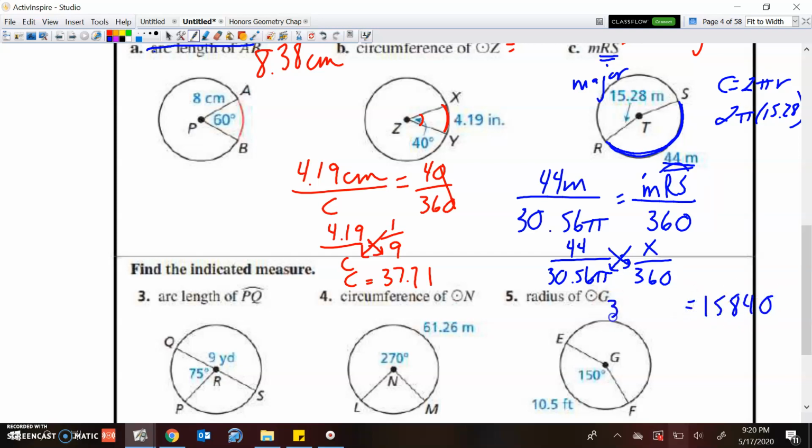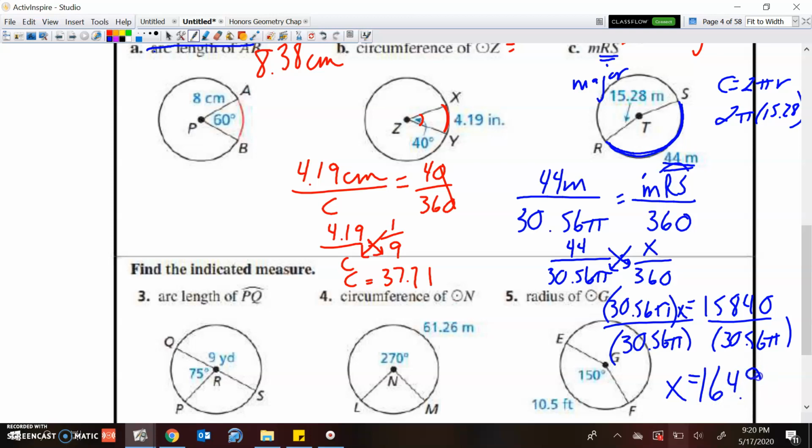This way I'm going to get 30.56 pi x. When I divide by 30.56 pi, again keeping in parentheses, I get an answer of 164.99, and that's my degree value.